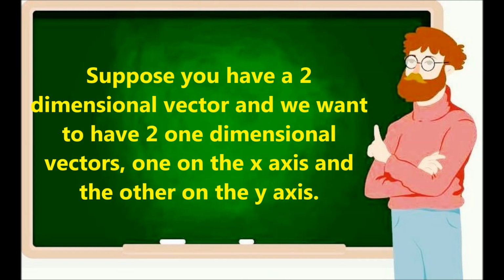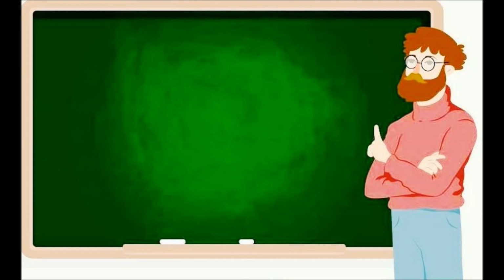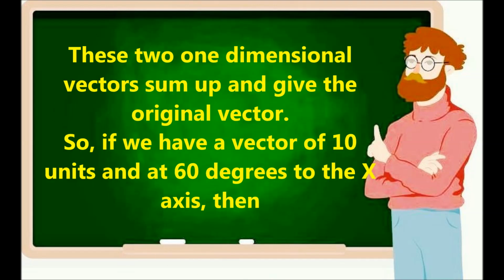One on the x-axis and the other on the y-axis, which means if you add the one on the x-axis and the one on the y-axis, we should get back what we are breaking. These two one-dimensional vectors sum up and give the original vector. You understand?